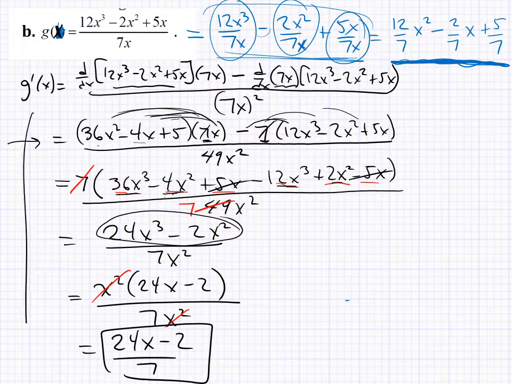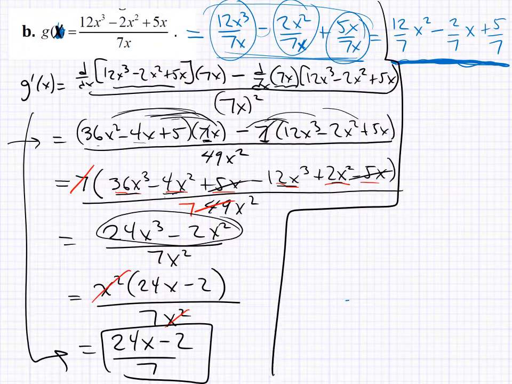So there's my derivative. But remember, let's take a look at what we had going on over here. If I just use this one, these are subtracted. It's not a quotient because this is a constant multiple, this is a constant multiple, this is a constant. In which case I'm just going to do it like this, a polynomial.